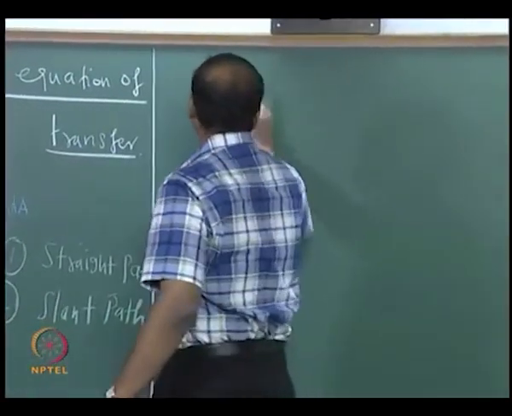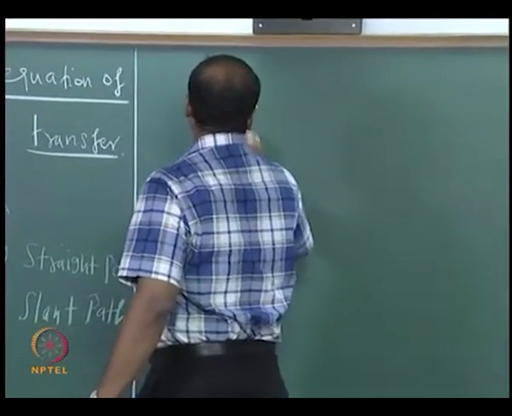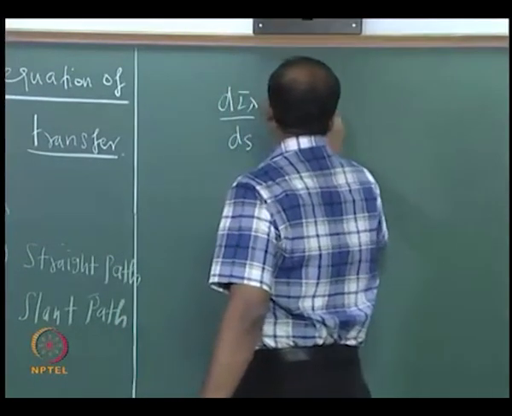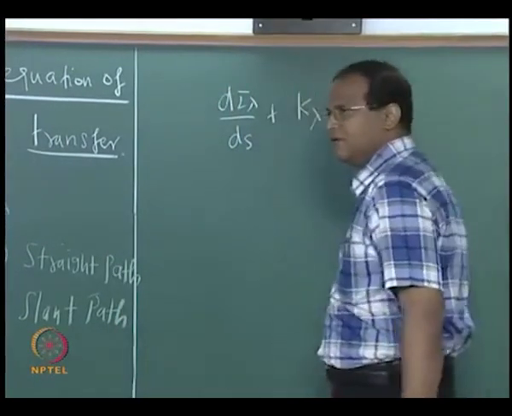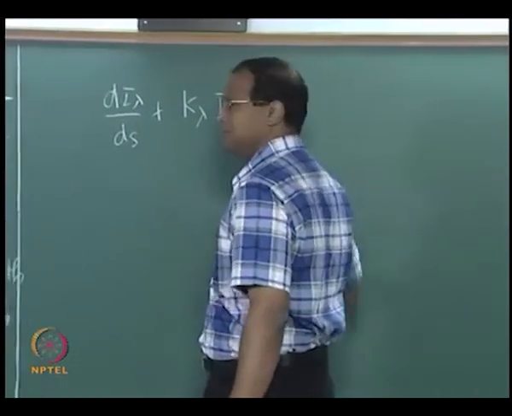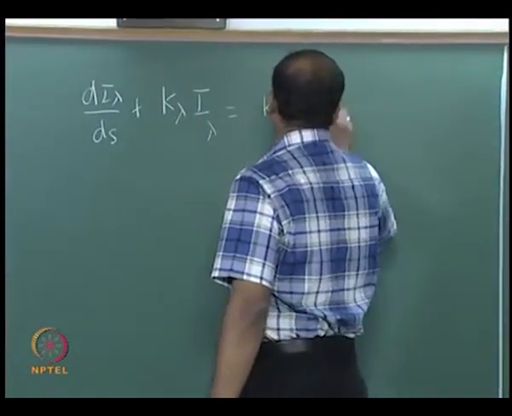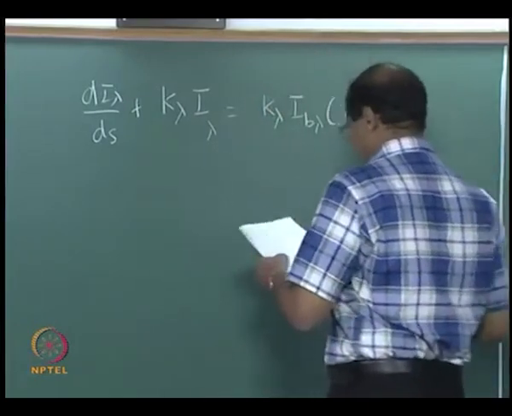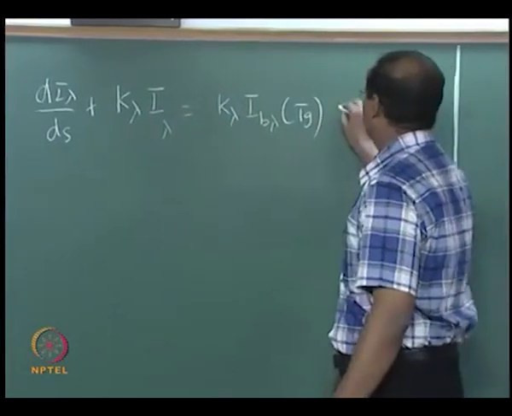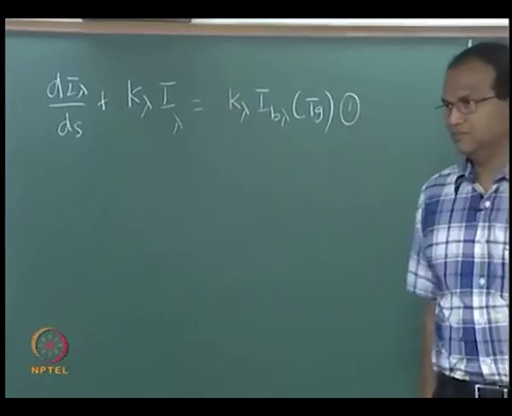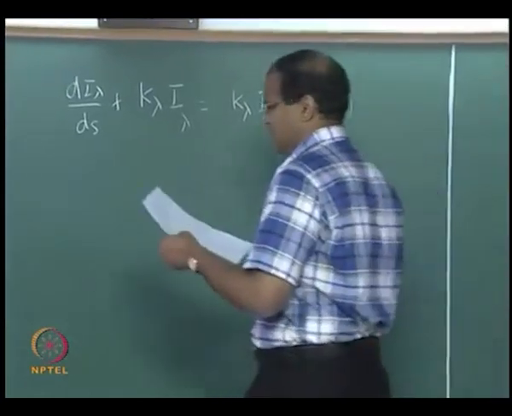dI lambda by ds plus kappa lambda I lambda equals kappa lambda I b lambda of Tg. Did you write like this? Correct. So this is equation 1. This is for the normal direction.